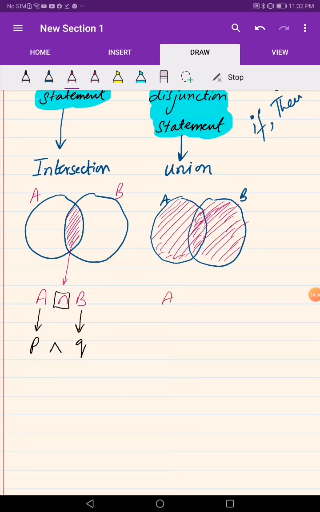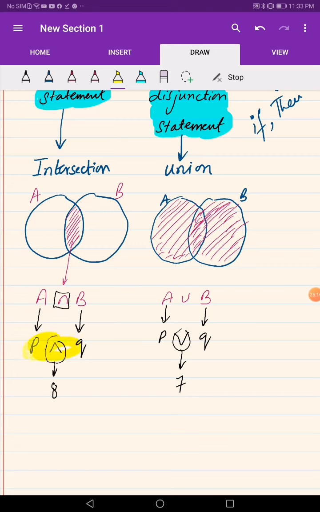So this is my A union B, and if A represents a statement P, and B represents the statement Q, for union we use this sign. So in Arabic this is 8, and in Arabic this is 7.